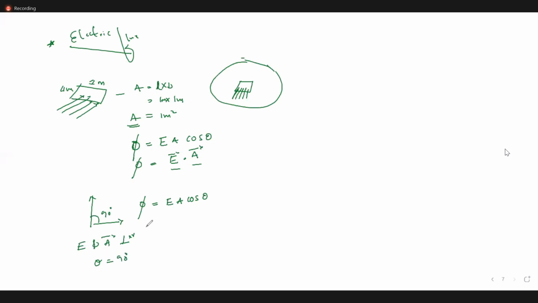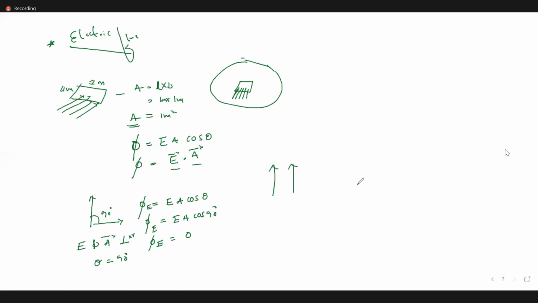Here it is the electric flux phi E, magnetic flux phi B. Then EA cos 90 degrees. What is the cos 90 value? Zero.